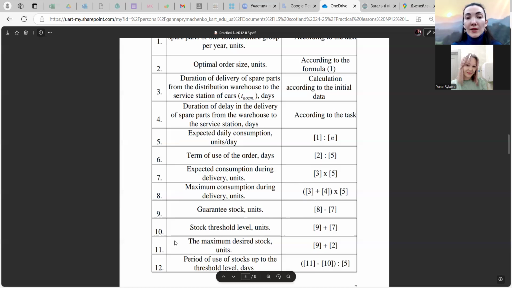Okay. Next, point 10. It is stock threshold level, also in units. We need to find the result of previous lines, number 9 plus the result of line 7. 9 plus 7.